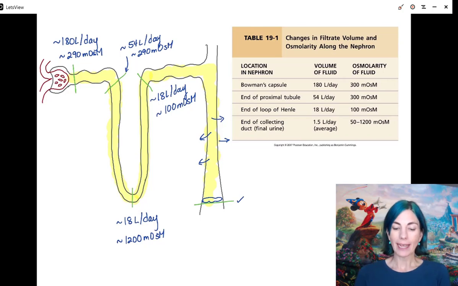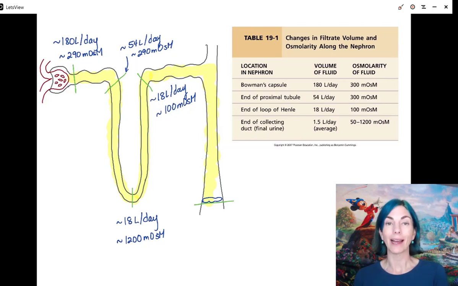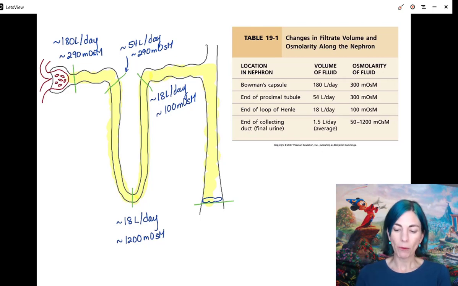But let's say instead you decide not to reabsorb very much water over here. Again, the distal tubule and the collecting duct can vary or alter how much reabsorption they do based on the body's needs. So let's say that you only reabsorb maybe just a little bit of water. Then by the end, you're going to have a lot more fluid.